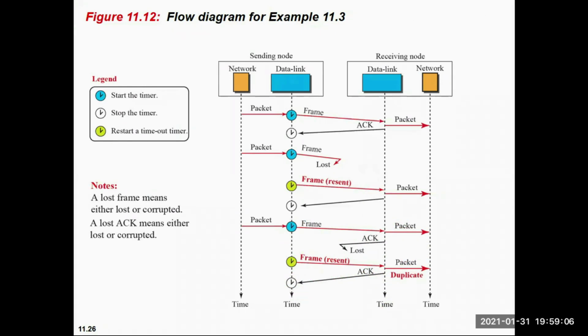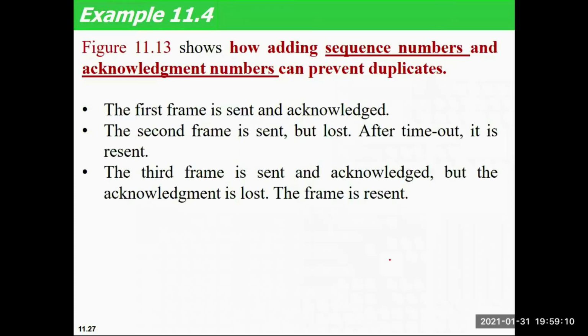So now we will see how we can remove this problem. By adding a sequence number and an acknowledgement number, we can prevent the duplicate receiving of packets or frames. We will see three cases.